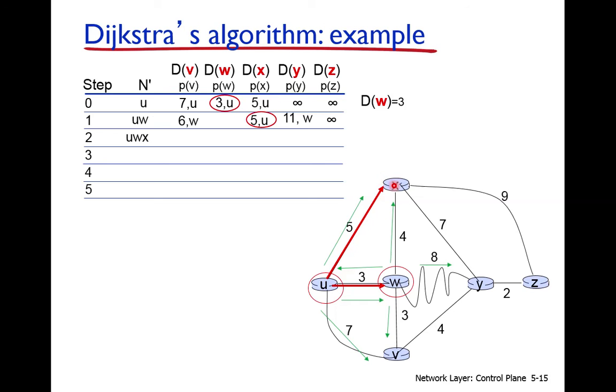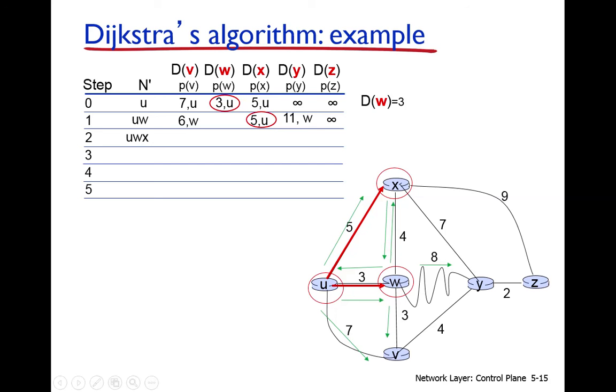Now we are going to explore the neighbors of X. The first neighbor is W. W is already in the visited list. It means that for W we already have the shortest path computed, so we don't need to explore it, and we will not consider it.